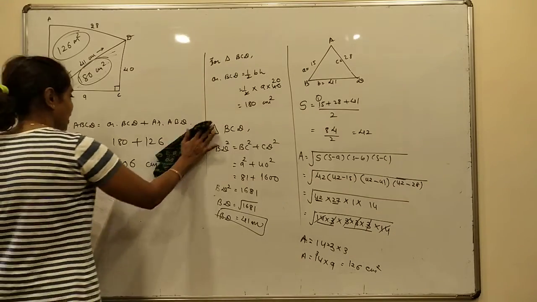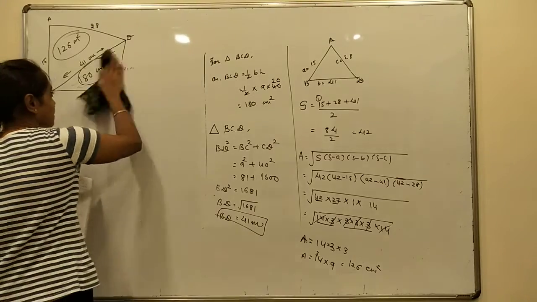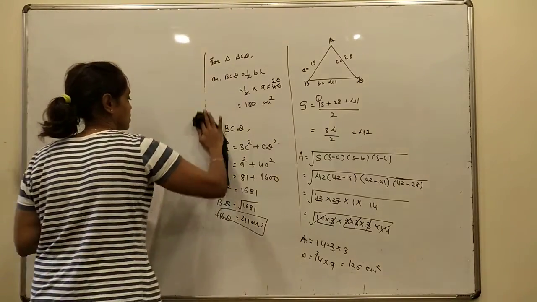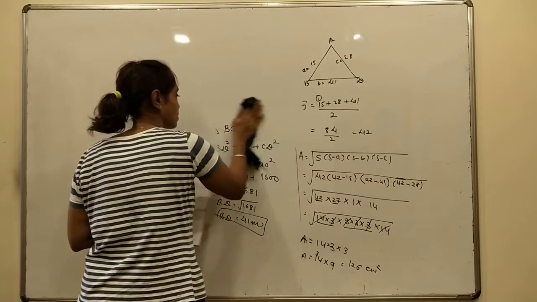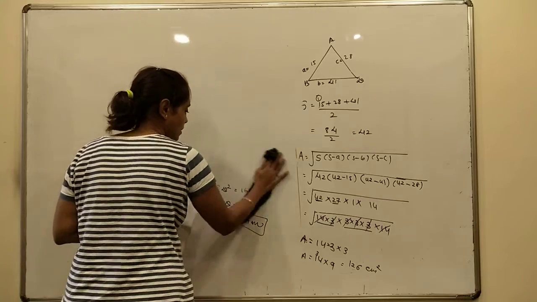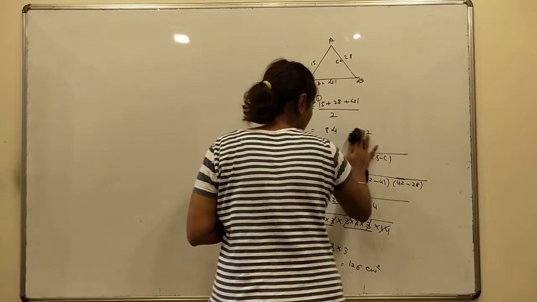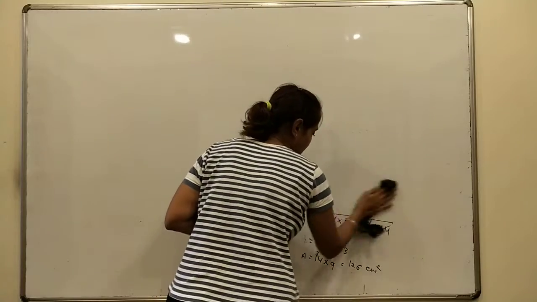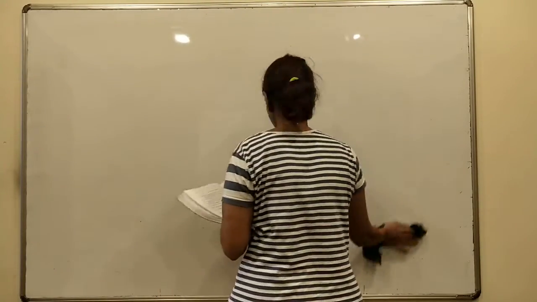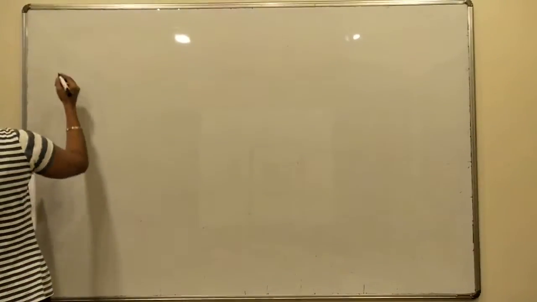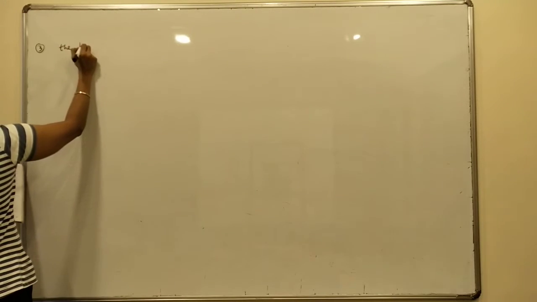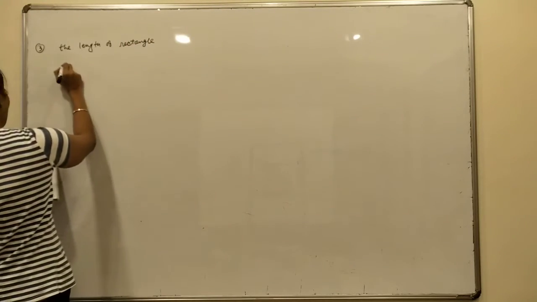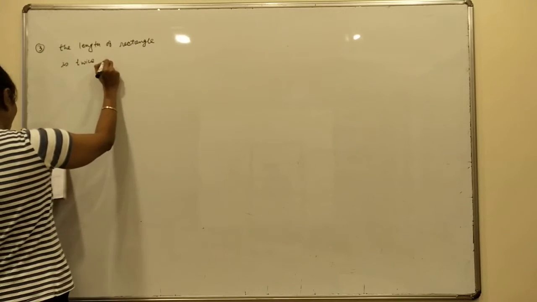Now example number 3 and the last of today's sums. The length of a rectangle is twice its breadth.